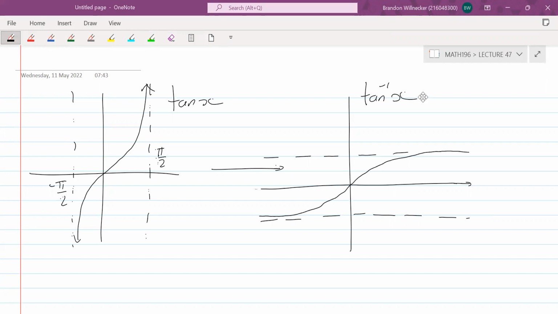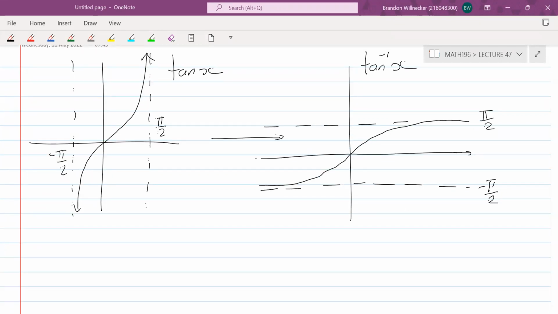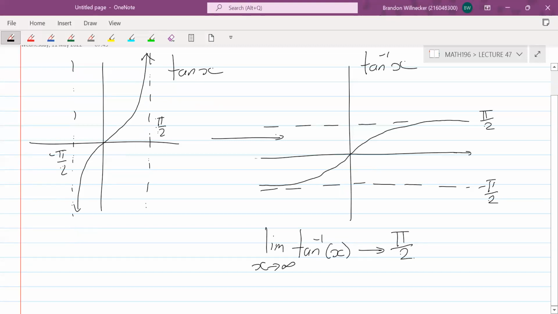Okay, so the upper asymptote, that's going to be pi over 2. The lower asymptote, that's going to be minus pi over 2. Now, what happens if we take the limit as x goes to plus or minus infinity? Well, for tan inverse, if we take the limit as x goes to infinity of tan inverse of x, this is going to go to pi over 2.